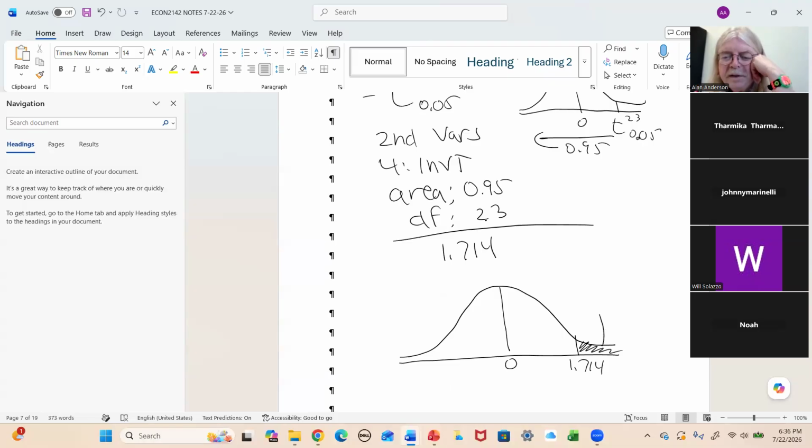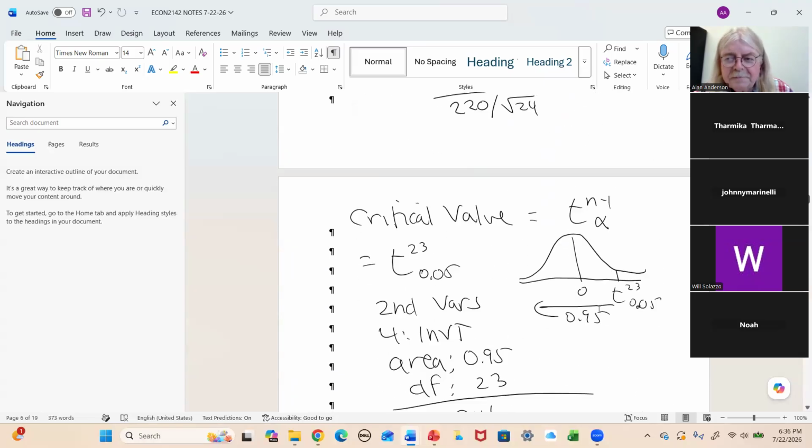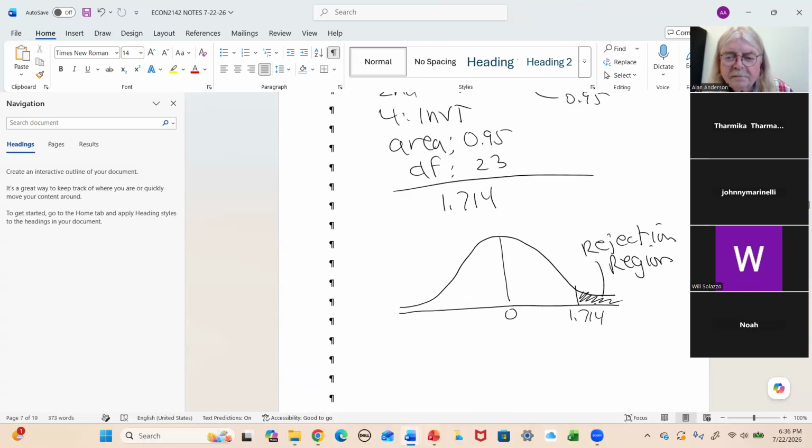Anything above that, of course, means we reject the null. But our test statistic was so tiny. It was only 0.222. And that's not in the rejection region.